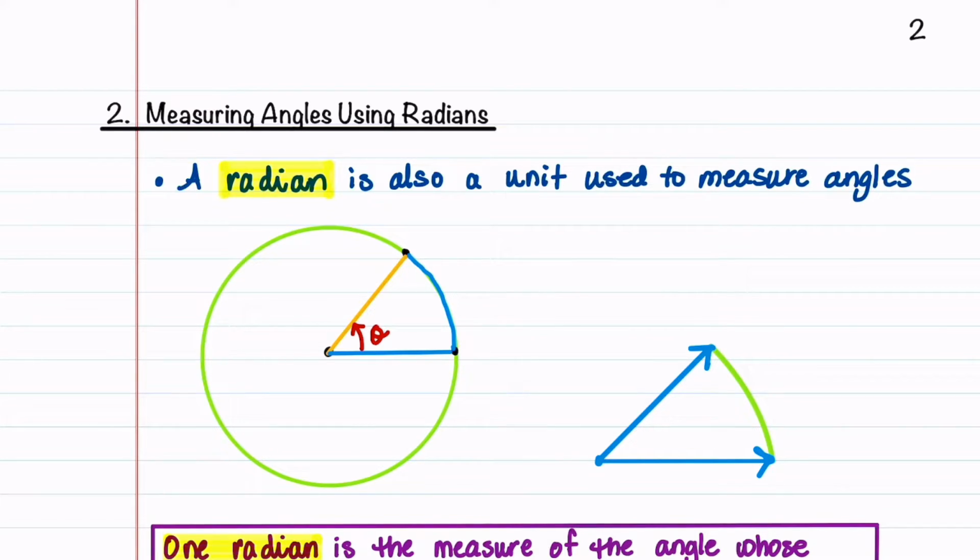We can think of the radius and the arc as a piece of string. So the length of the radius is the same as the length of the arc, so the arc is also the same piece of string.